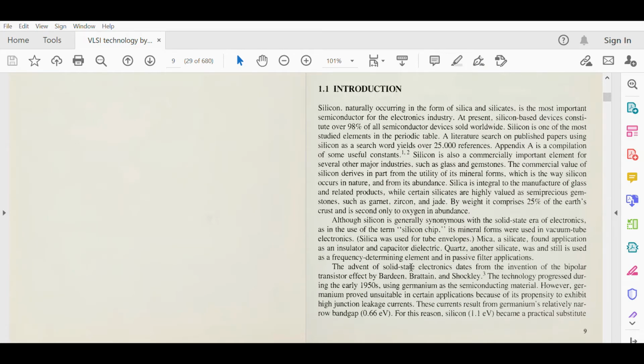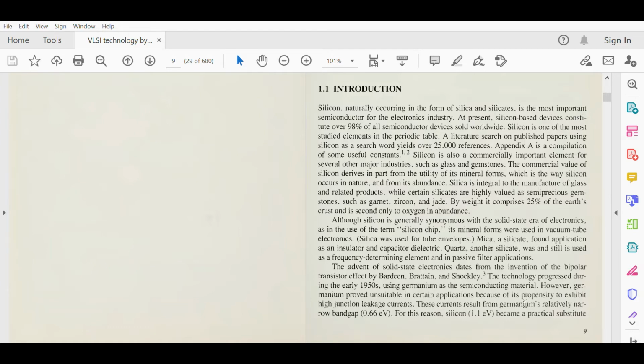The advent of solid state electronics dates from the invention of the bipolar junction transistor, as I told you a while ago, by Bardeen, Brattain, and Shockley. The technology progressed in the early period, exactly in 1947, using germanium as the semiconductor material. However, germanium proved unsuitable in certain applications because of its propensity to exhibit high junction leakage currents.